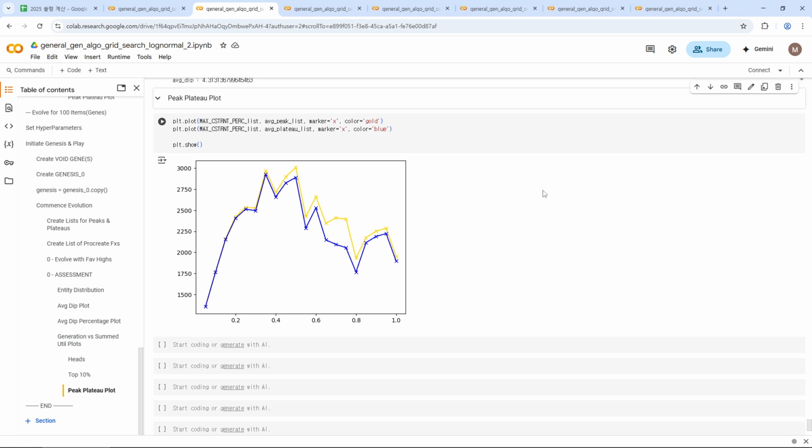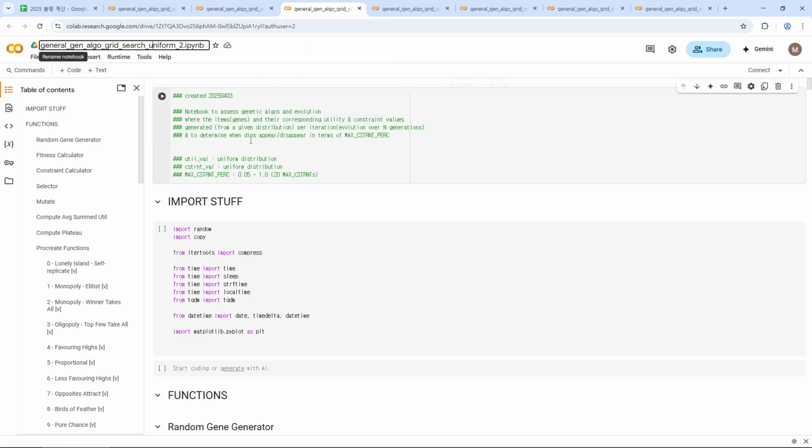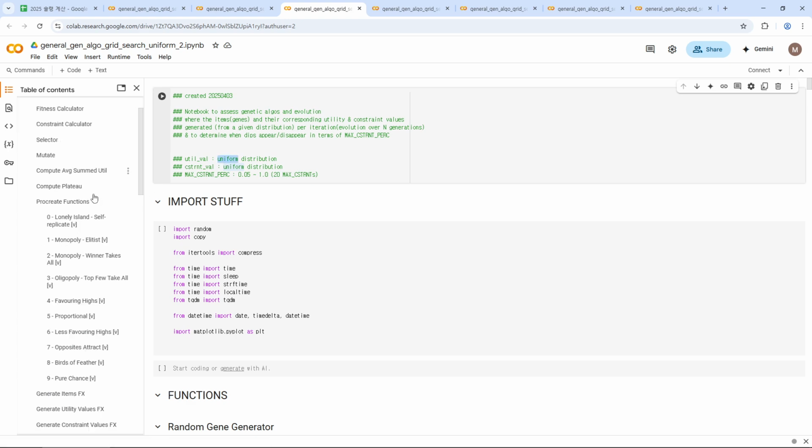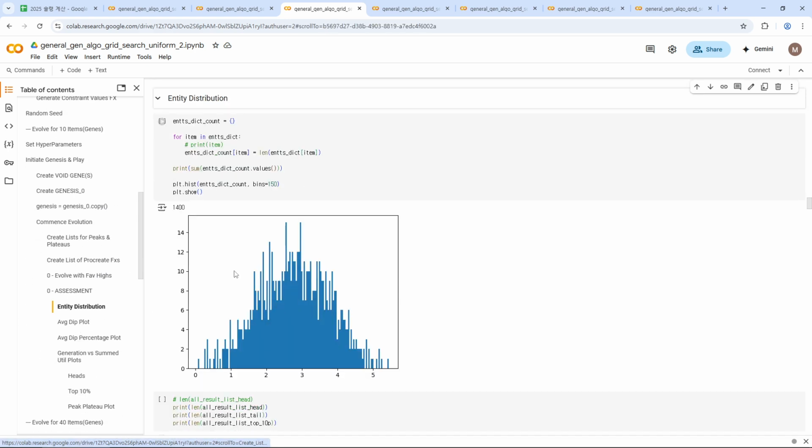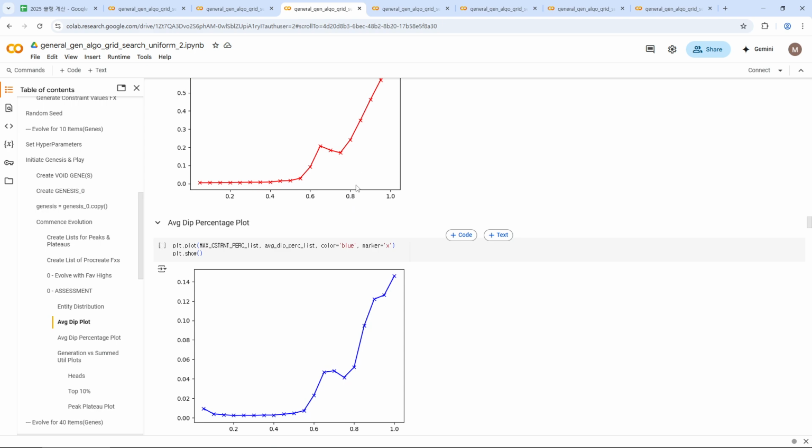Again, due to the fact that we're sampling each time, per iteration. So uniform distribution, same thing, but everything sampled from a uniform distribution. 10 items. Yep. Average dip plot, same.